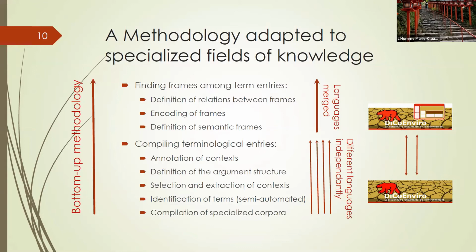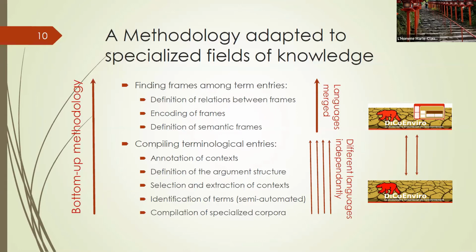The first 5 steps allow us to compile terminological entries, and these are encoded in a resource that we call Zico Enviro. And when we work on these first 5 steps, we work on different languages independently.